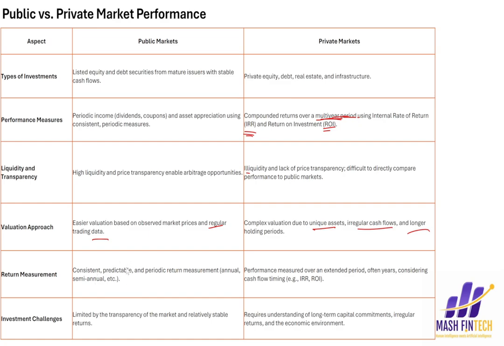Return measurements for public markets are consistent, predictable, and periodic, for instance annually or semi-annually. For private markets, the return measurements are over extended periods of time, it could be 5 years or 10 years, and they consider the timing of the cash flows, which are usually irregular, unlike in public markets.